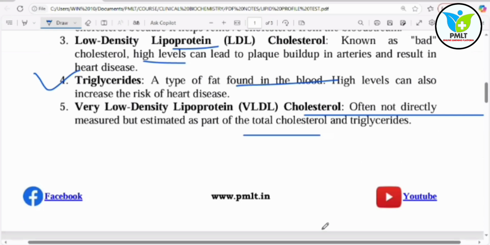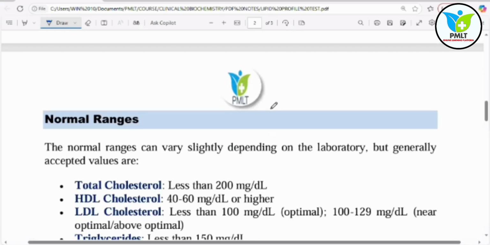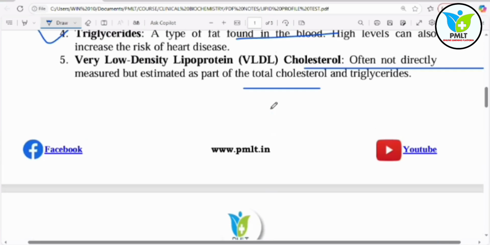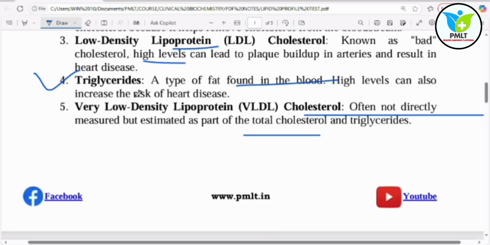Understood? Now I am coming to the normal ranges, and how you find these things and how you do the test. I have already explained every manual procedure, right?